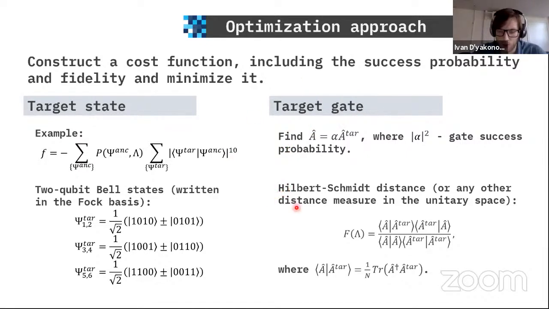So if you, for example, want to transform a given subspace, for example the 2-qubit subspace, which holds 4 Fock states for the logical states, you need to optimize something like this for all the states in the subspace, and also you need to get rid of the states which don't lie inside the subspace. But right now I will mostly talk about optimizing for the states, so for state preparation purposes.